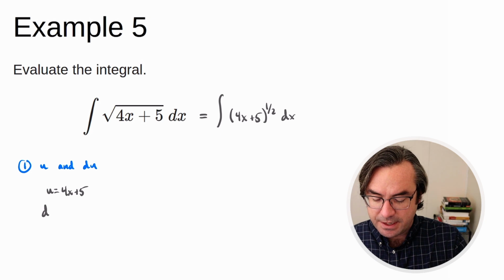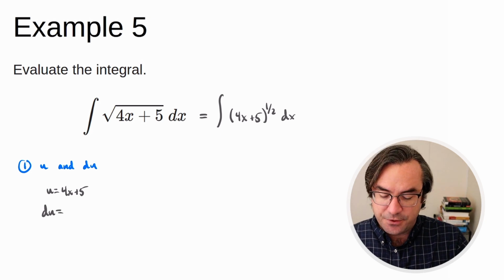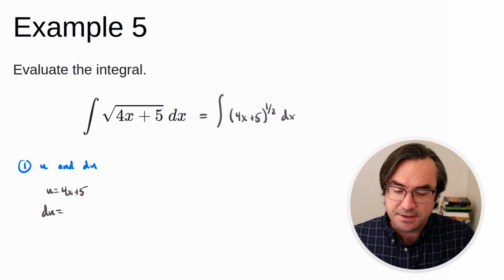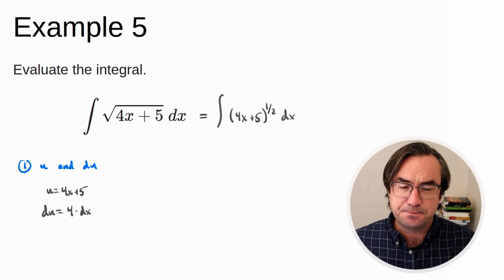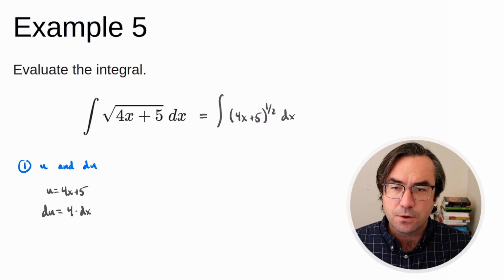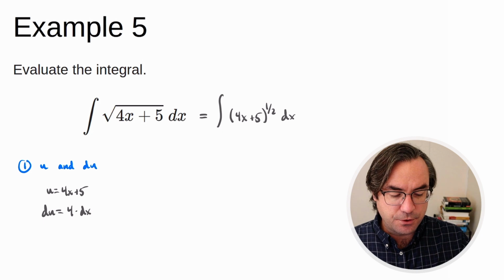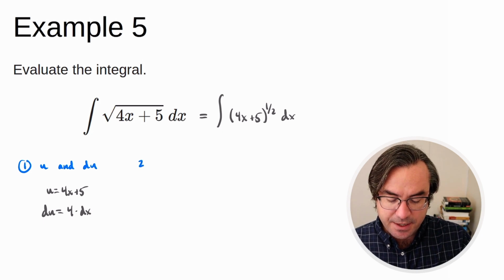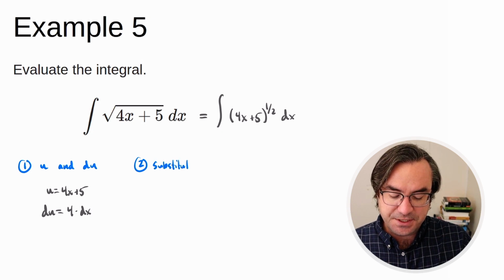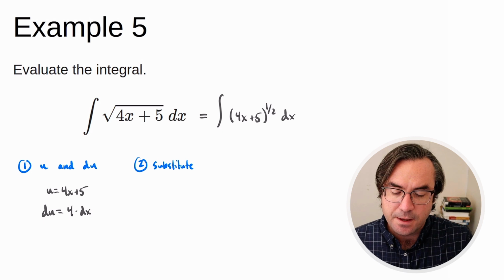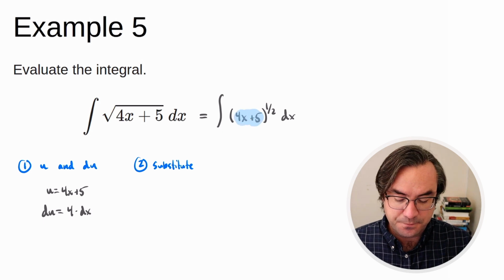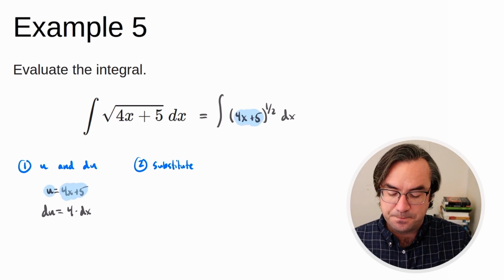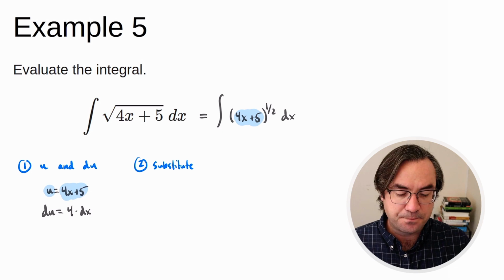All right, so now we want to calculate du. The derivative of 4x plus 5, what is it? It's just 4, and then we multiply that by dx. So far, so good. Now the next step is to substitute these pieces in. Let's look at our integral. The 4x plus 5 is going to become u, so that'll be taken care of.